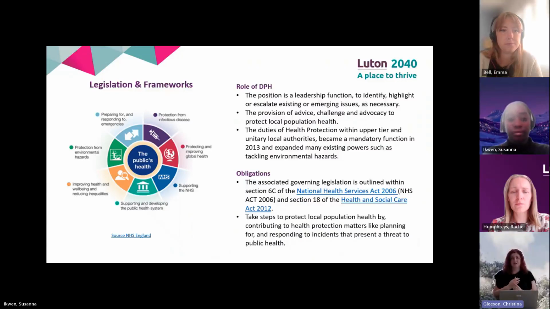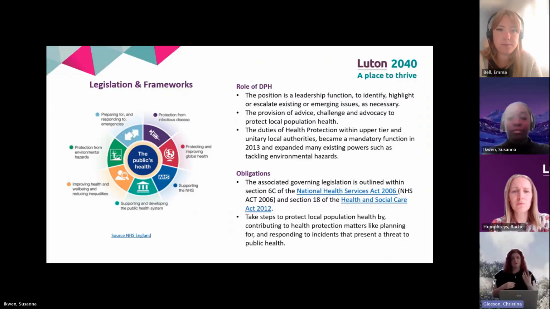The legislation and frameworks which we work to in public health. So in public health, we have our Director of Public Health, and they have a statutory function, which is more of a leadership function, and they identify and highlight escalating, existing and emerging challenges as necessary.